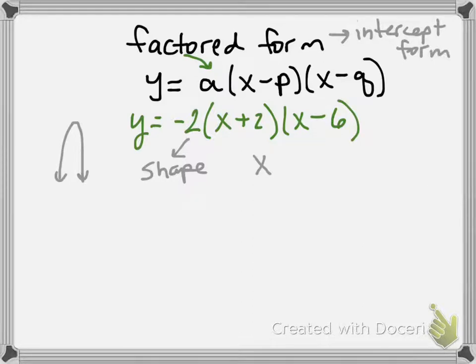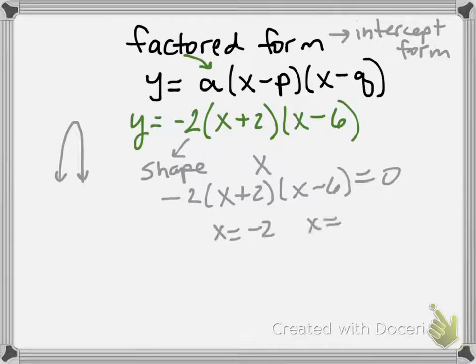If we solve this using the zero product property, meaning setting it to 0 and figuring out what x is, x would have to be -2 and +6. So what that tells us is we have x-intercepts at -2 and +6.